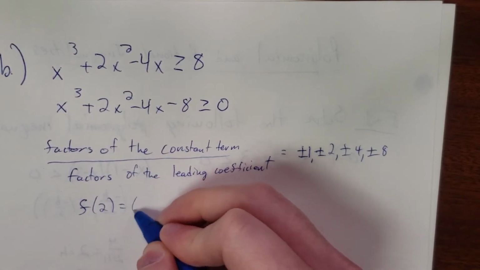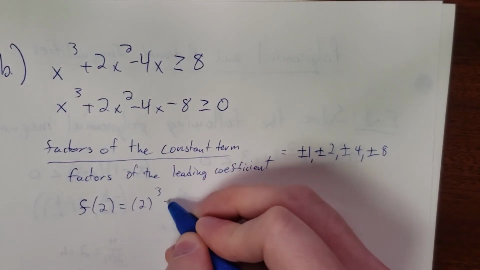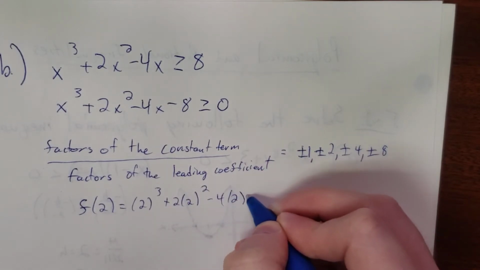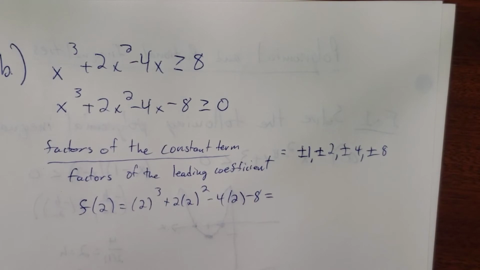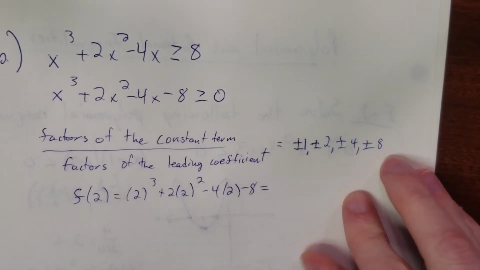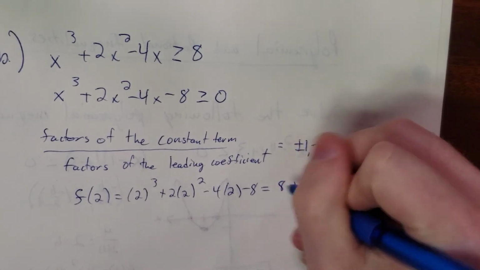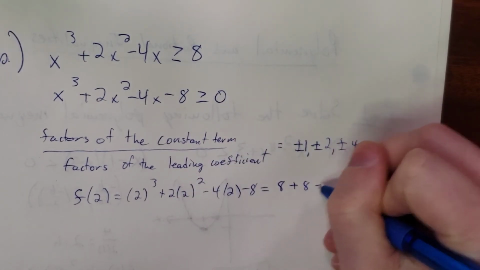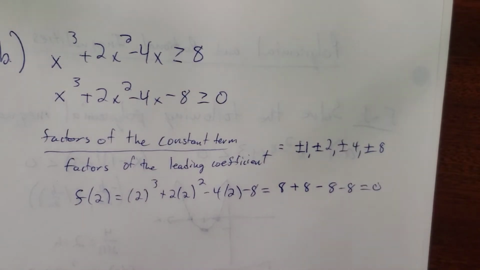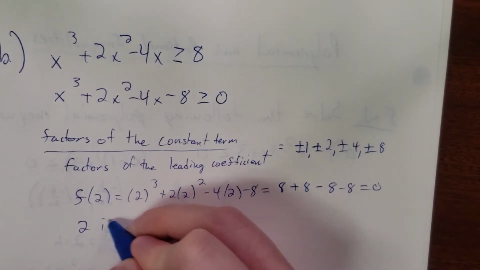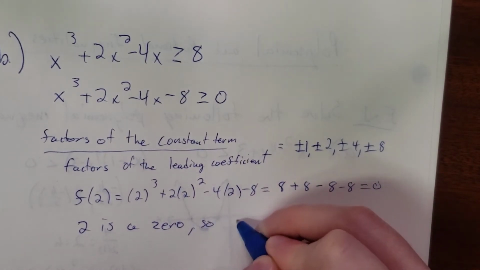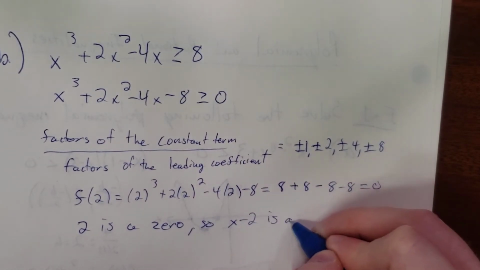If we plug 2 into this function, we will see that we do in fact get a 0. So right, this is 8 plus 8 minus 8 minus another 8, which is 0. So we see that 2 is a zero, so x minus 2 is a factor.